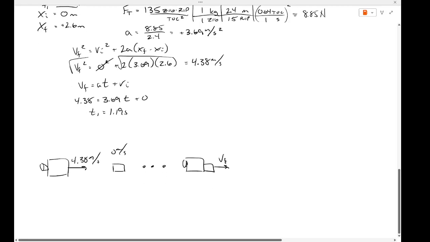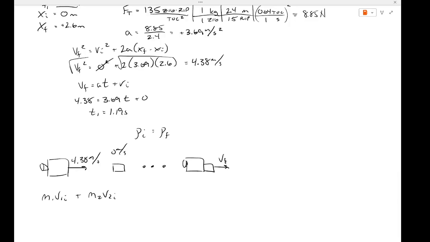When we see a collision, we think conservation of momentum. The momentum before is equal to the momentum after. So m1 v1 at the beginning plus m2 v2 at the beginning has to equal m1 v1 at the end plus m2 v2 at the end.